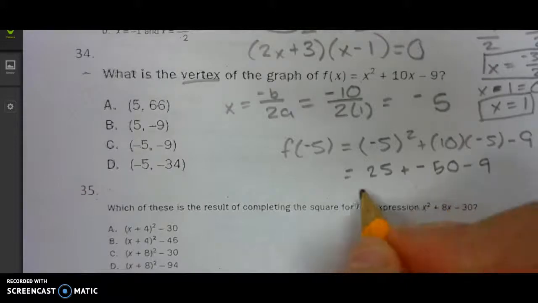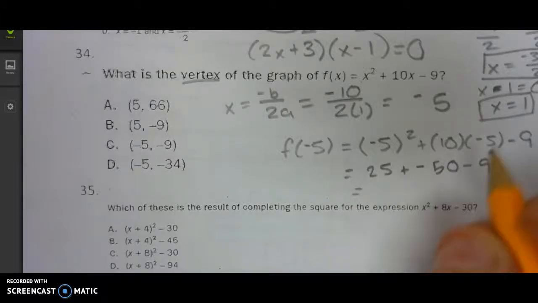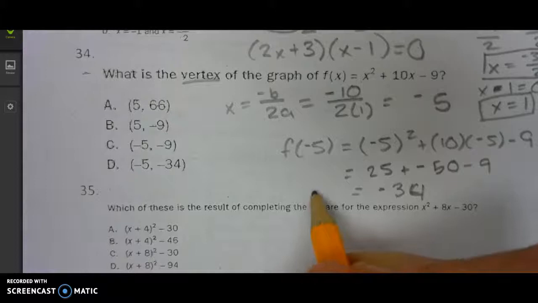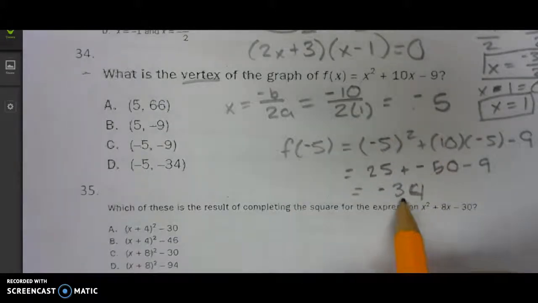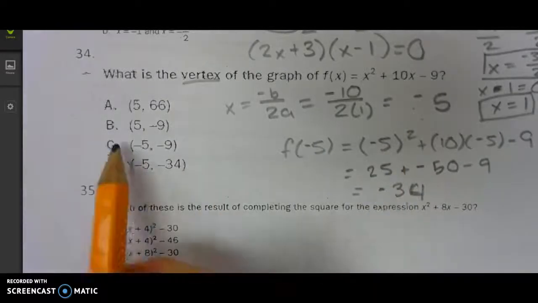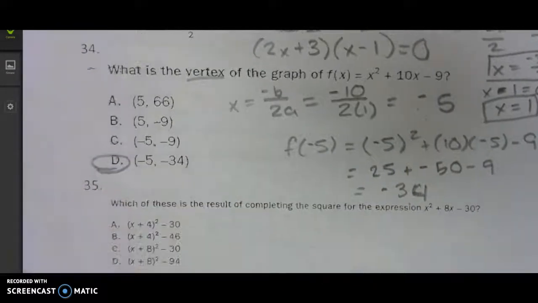So we're going to have negative 25 minus 9 is going to be negative 34. So we've got our x value and our y value. Come over here, where we have x is negative 5, y is negative 34. That is D.